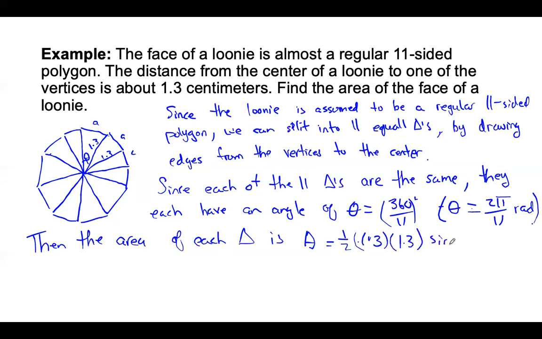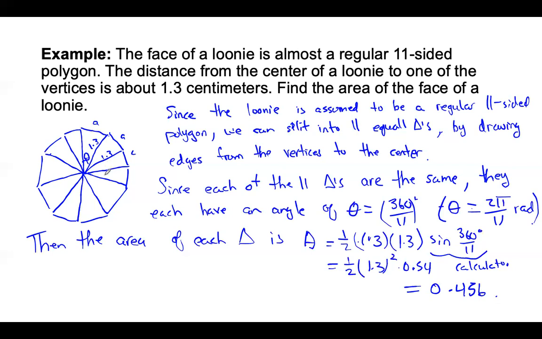And then the sine of 360 degrees divided by 11, we can use a calculator. We get a half times 1.3 squared times this value, which is 0.54. And our answer here for this part will be then 0.456.